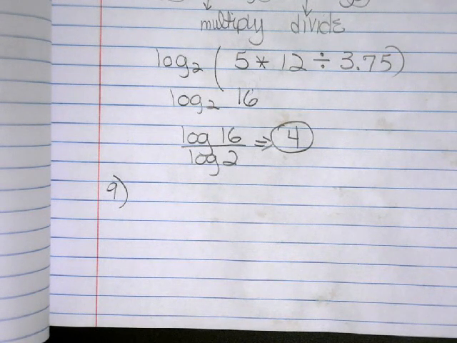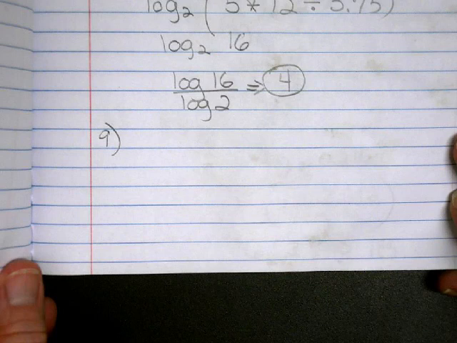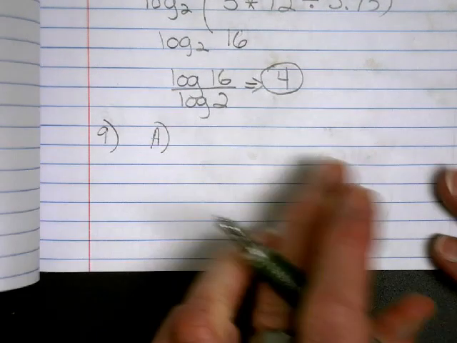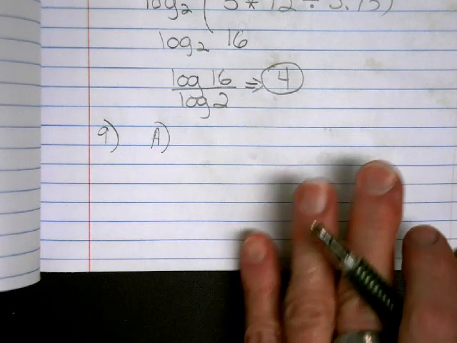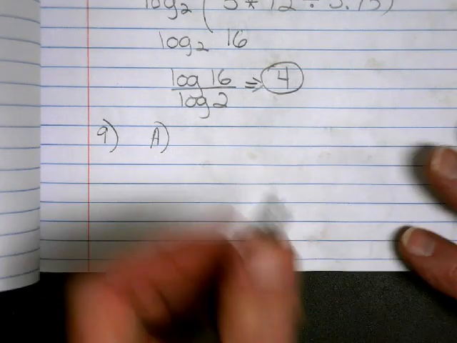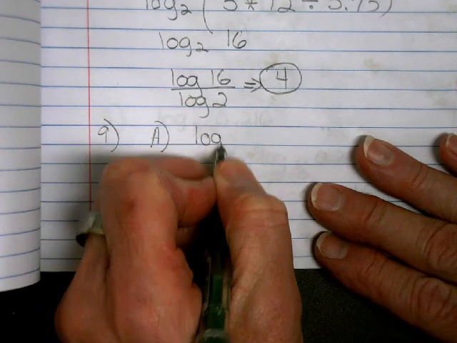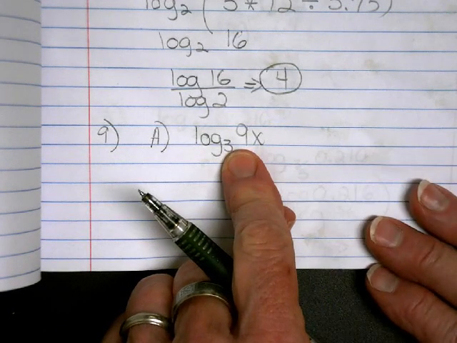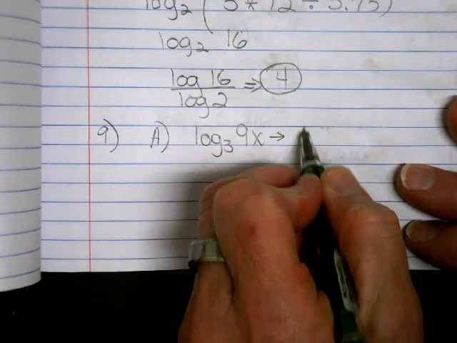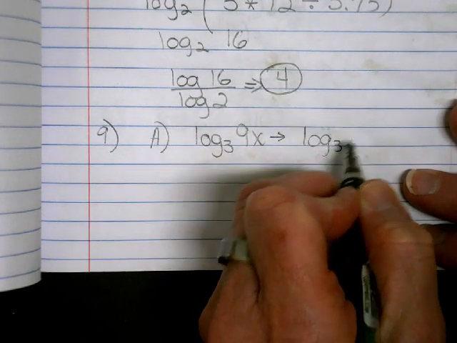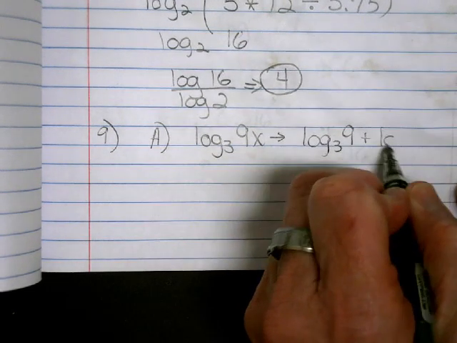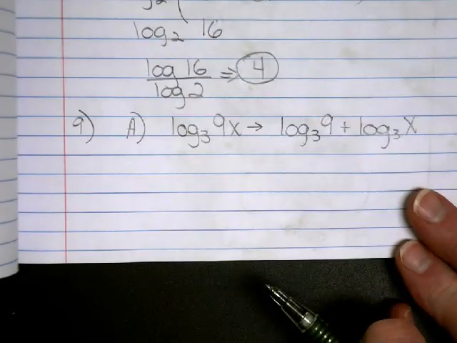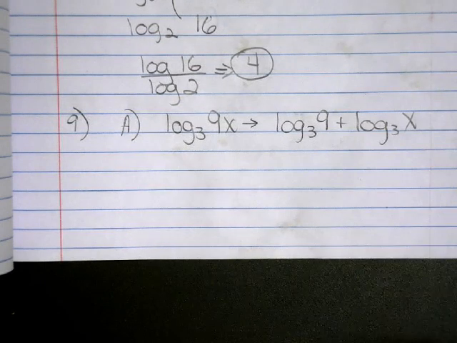Okay, number 9 has got 5 parts. So this is a 5 for 1. And I'll write down what they give you on A, and then I'll work it out so you'll know what to match with if you don't already. Because that's a multiply, I can change it to an addition of the two factors, powers, exponents.